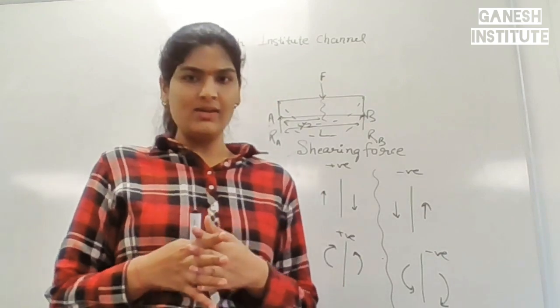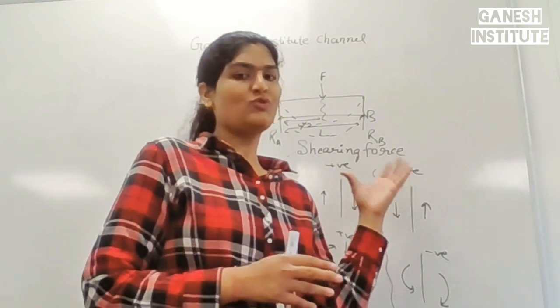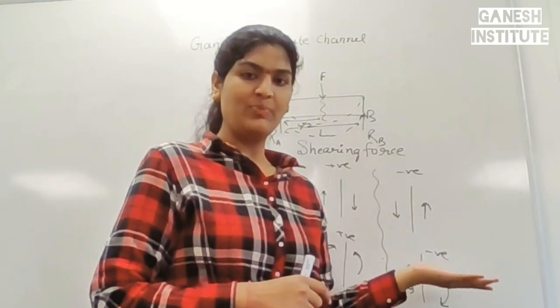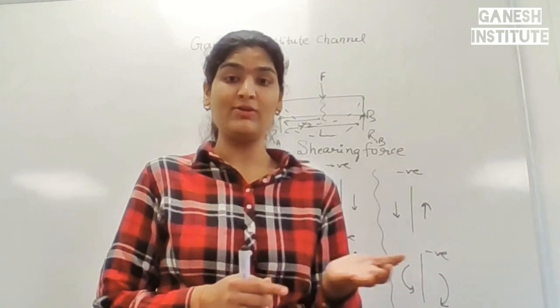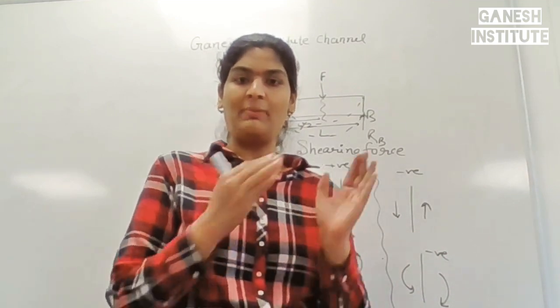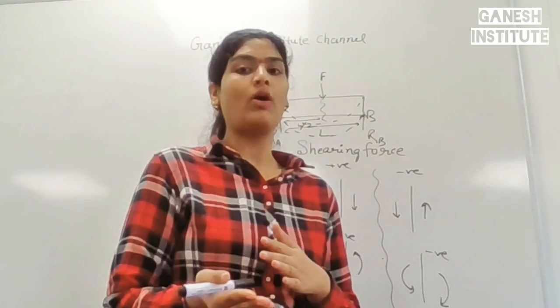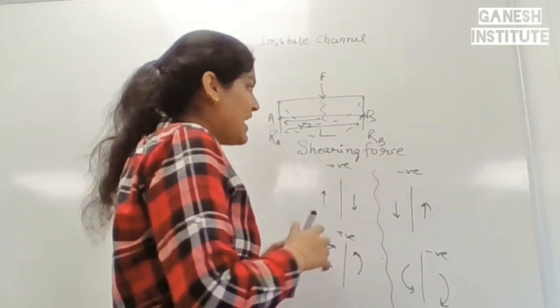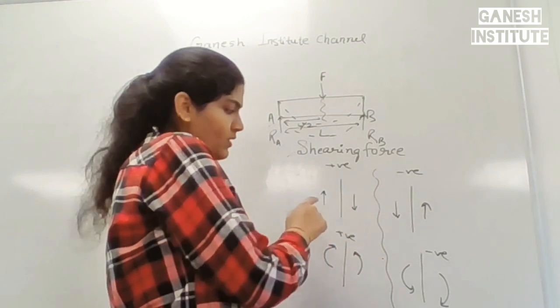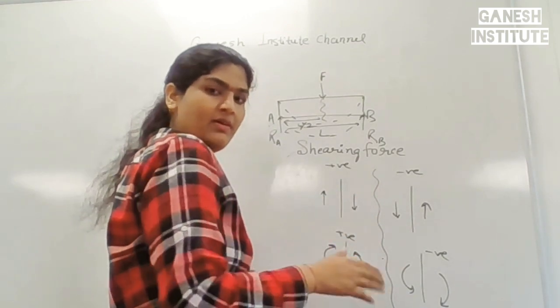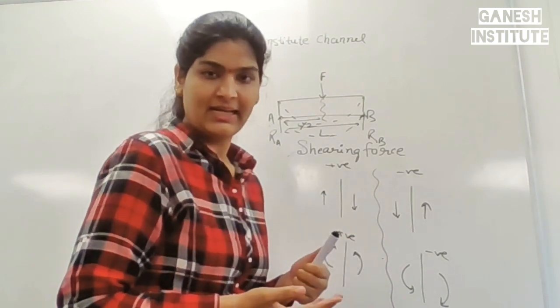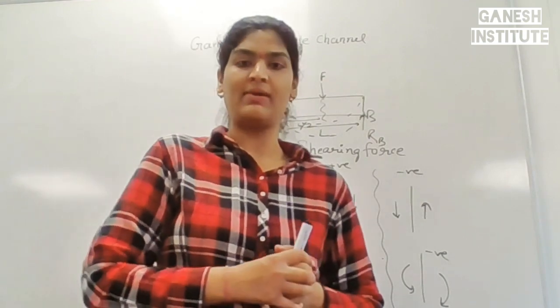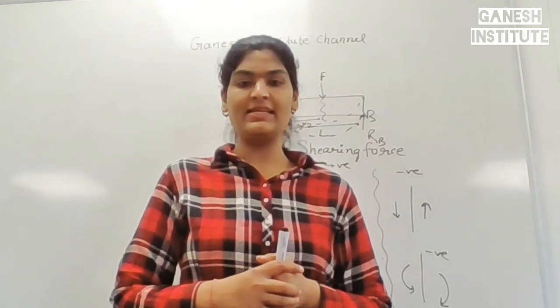Now, I know so far it is just a simple concept. But now it's time to apply this concept in numericals. So we have to consider these sign conventions whenever we draw a diagram and calculate the shear force and bending moment. Let's see in our next video.